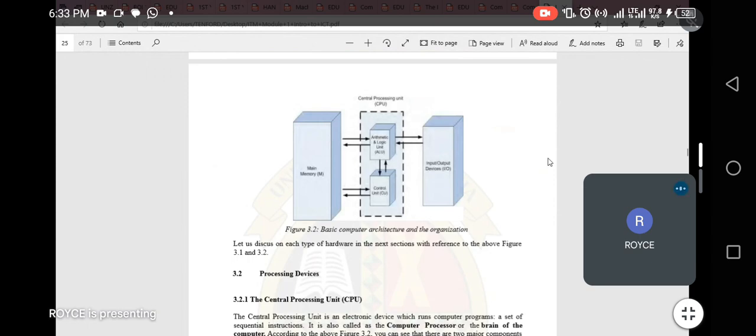The central processing unit is what is in between; it has the arithmetic logic unit and also the control unit. The main memory is alone, and the input and output devices are alone this side. So sometimes the main memory is part of the CPU, sometimes it's not part of the CPU.